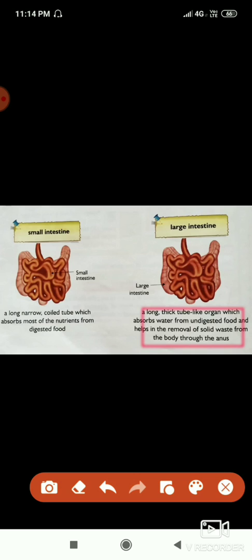What are we saying? If any food is undigested in the small intestine, it is digested in the large intestine, and the waste material passes out through the anus.